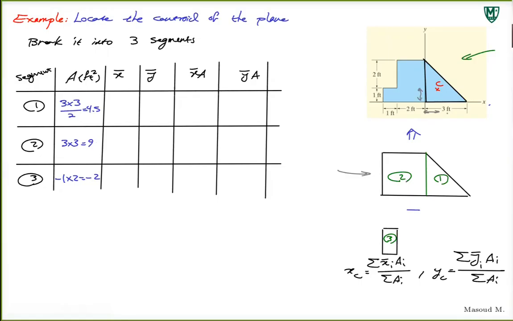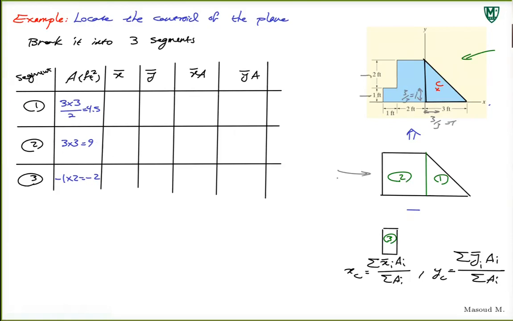From this side, whatever is the height divided by 3. From this side, whatever is height divided by 3. So if you divide this, 2 plus 1 is 3, divided by 3 is 1.